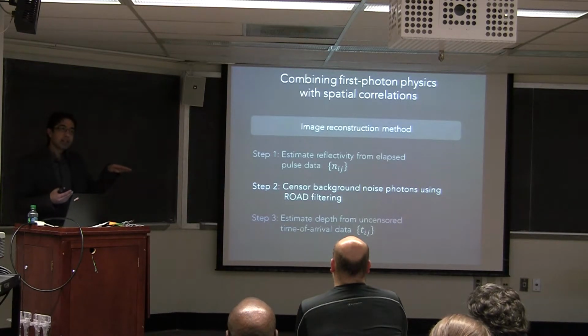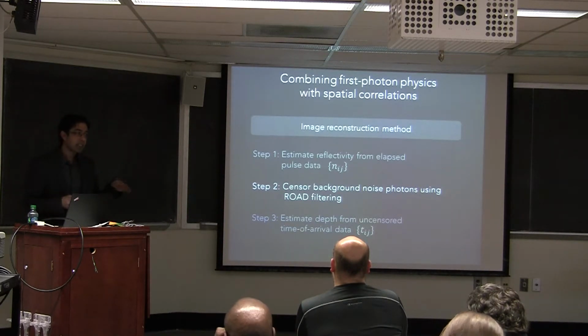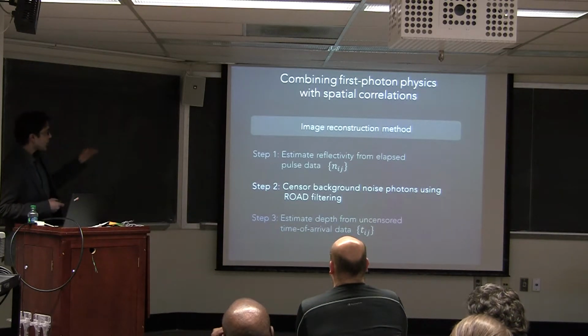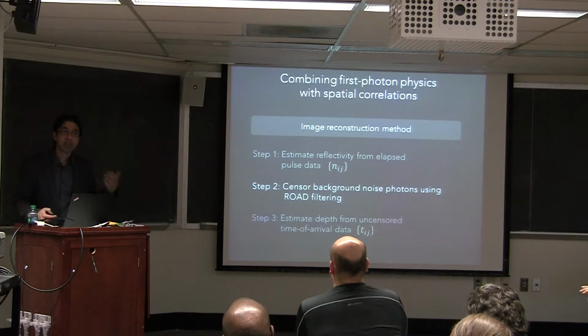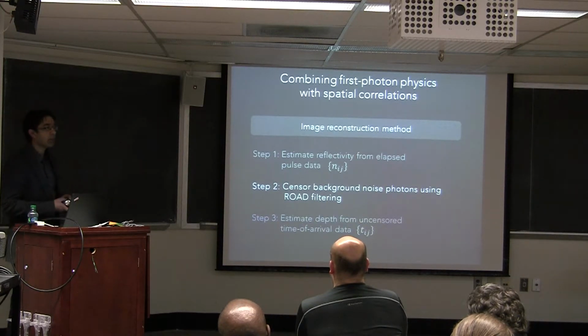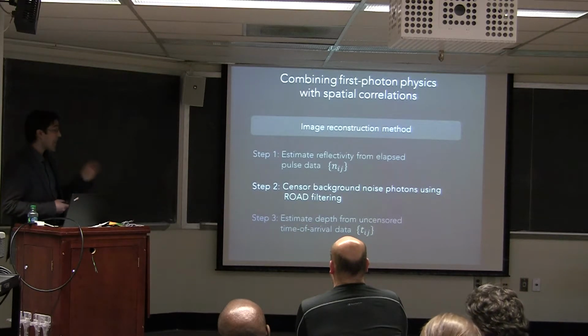The contribution of the background light into the log likelihood term gives you something very far from convex, kind of hopelessly far from convex. And so we insert a second step of trying to remove most of the detections that are due to noise. Then we'll go back to a regularized maximum likelihood estimation of the depth.